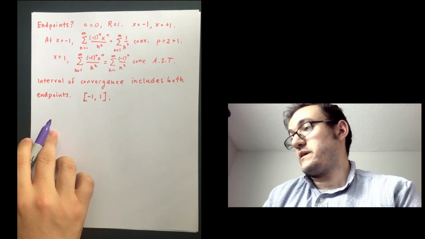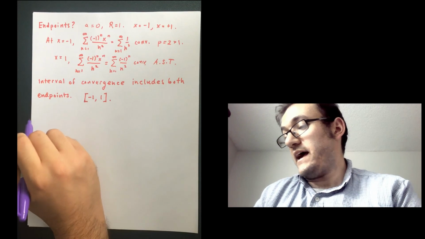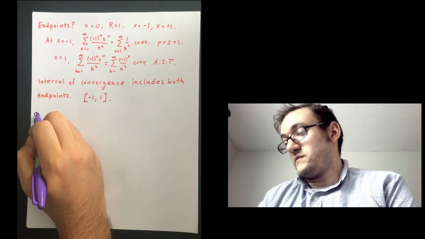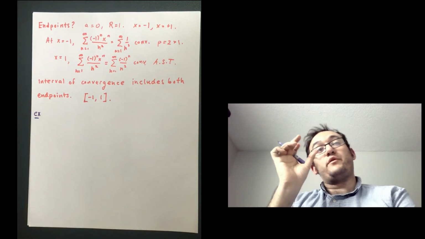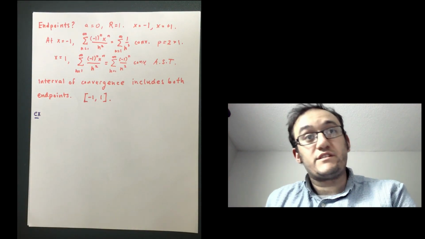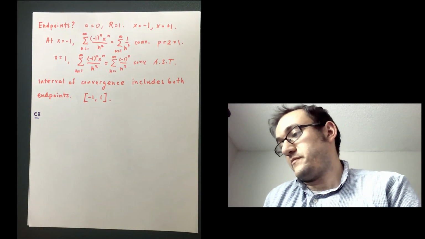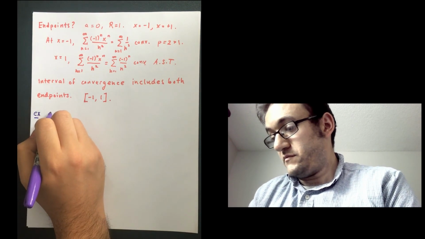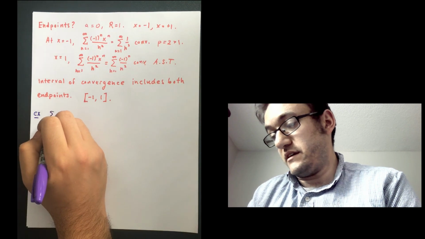Great. Now let's look at another series. We just saw an example where both endpoints of the interval of convergence have convergent series. So let's look at this example.